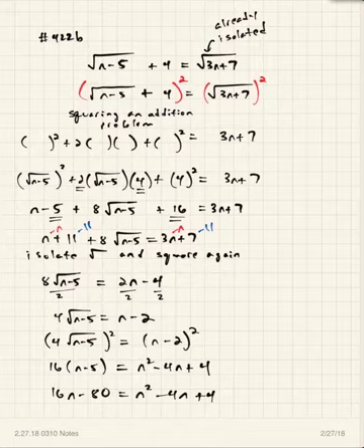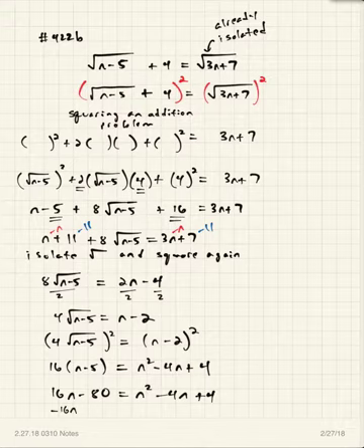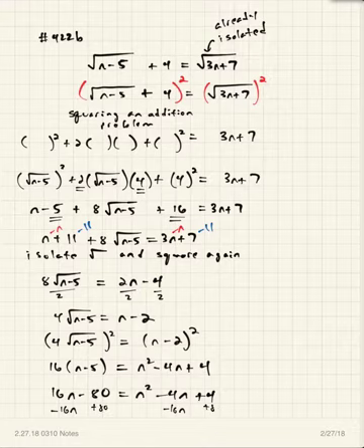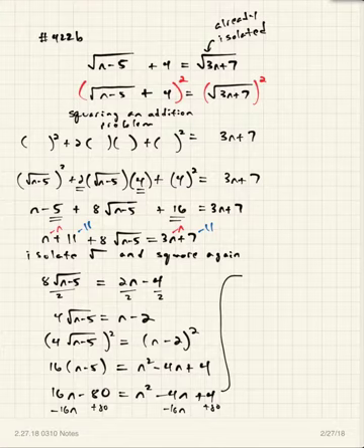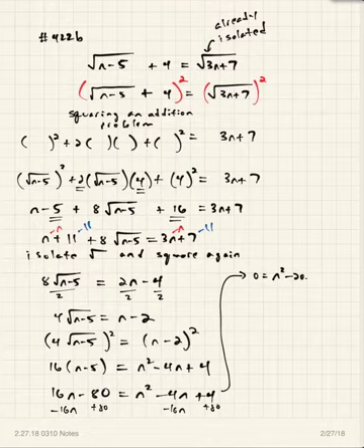All right, so we need to get 0 on one side. So I subtract 16n from both sides, and I need to add 80 to both sides. When I do that, I end up with 0 equals n squared minus 20n plus 84.